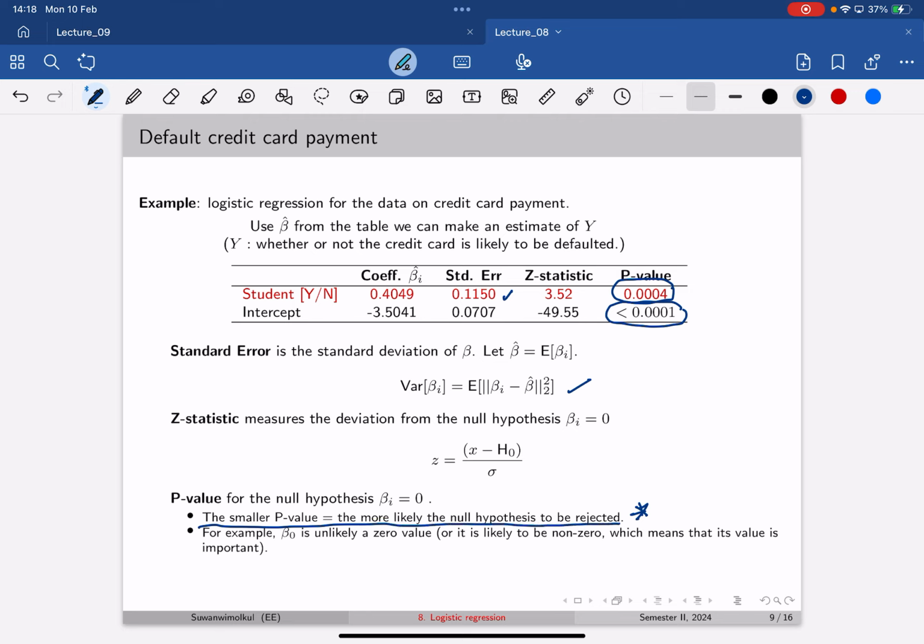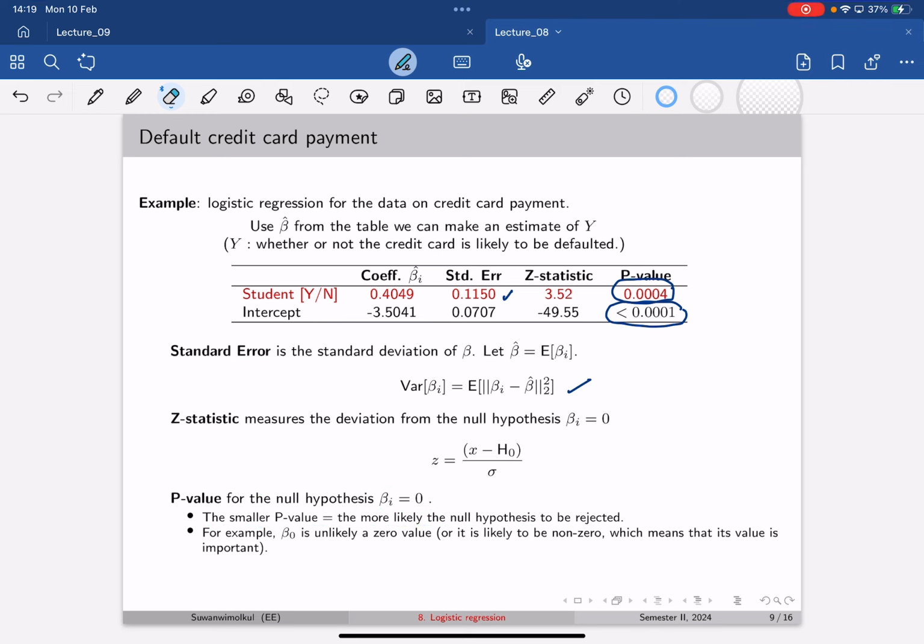And in most cases when you use a statistical model, the p-value they give you by default is associated with the hypothesis where that variable is 0. So it's a value for identifying whether or not the coefficient is likely to be 0 or non-zero. The smaller p-value means that the null hypothesis will be rejected. This means that the smaller the p-value, beta is unlikely to be 0. So beta will likely be a high value.